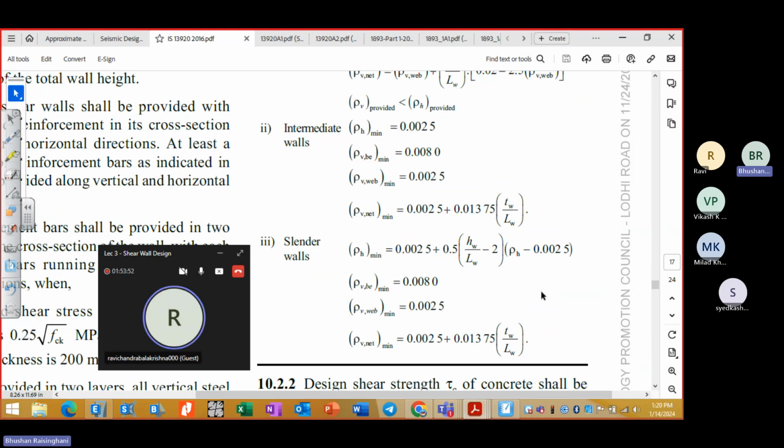Okay, sir, but in a rectangular shear wall also, if your boundary element is there, that will also act as a flange. So it should be designed with simple uniform reinforcing steel, right? No, the boundary element acts as a column, so it is column design. The web will have uniform reinforcement, and in ETABS you will select it as uniform reinforcement. Okay, sir.